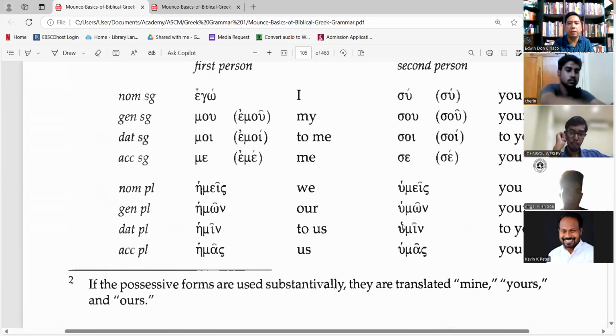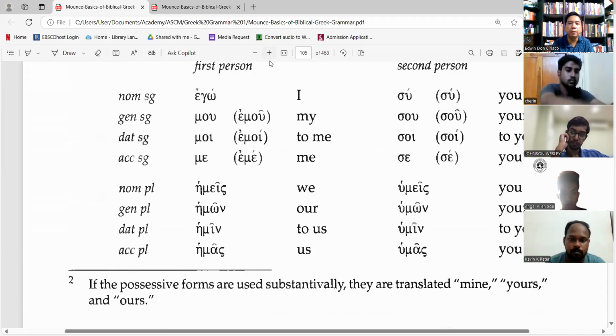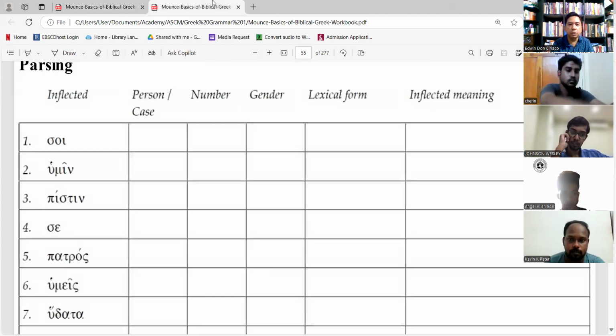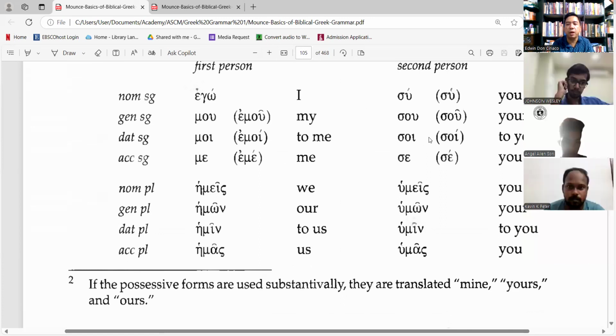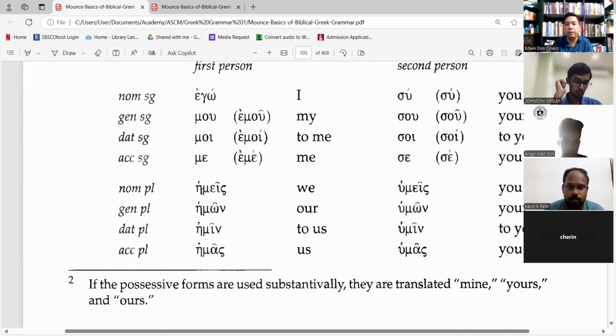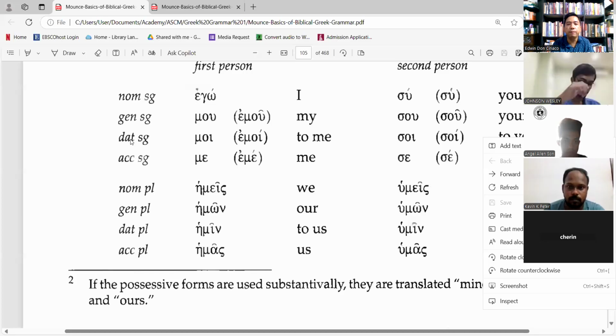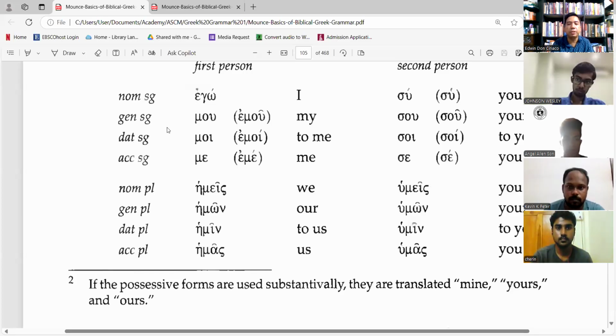These are the words in the second person that are being highlighted. And so soi, you know that soi is second person singular, and it is dative. It is dative. So that is the idea.